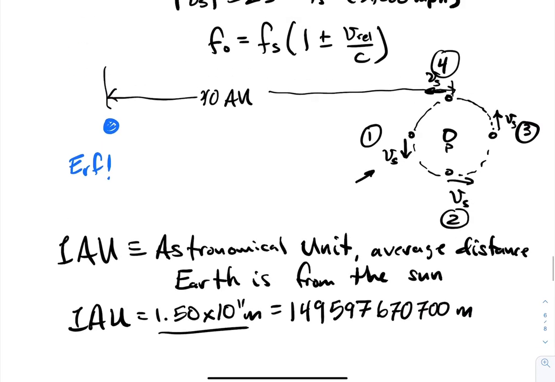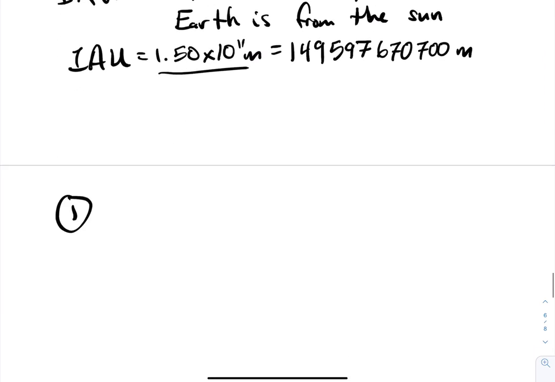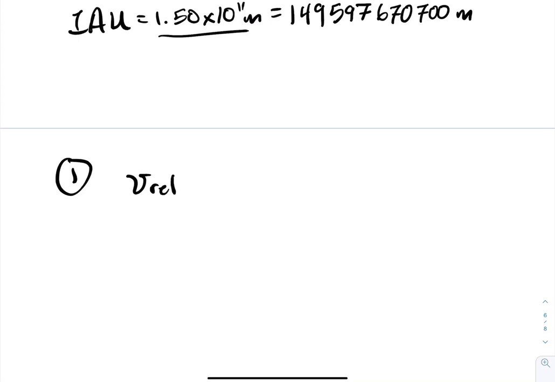So to solve this problem, we're looking at the 4 spots. Our first spot is here, and our first spot is the probe, which is moving down the page. Is it moving toward or away from Earth? At that instant, I don't think it is. So we know V relative is 0. See picture.